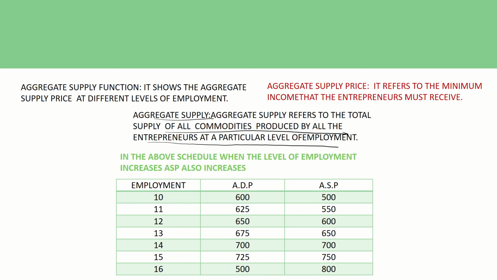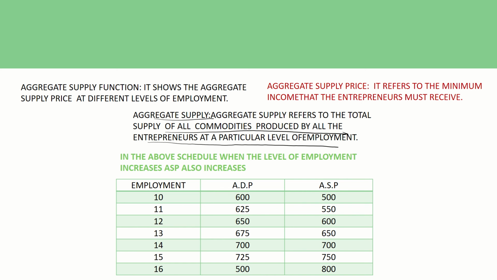Aggregate supply is the total amount of money that all organizations in the economy should receive from the sale of output produced, that is, the cost of production of goods and services at a particular level of employment.